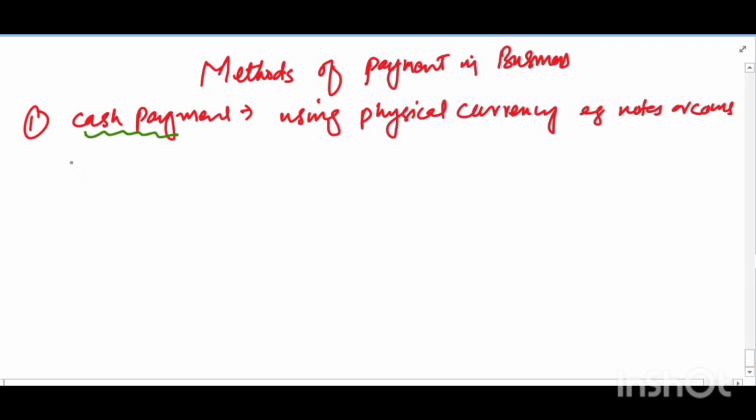Now, what are the benefits of cash payment? I will say advantages. The first one: immediate transaction completion. Once you pay, the transaction is complete. You pay for the product, and you get the product at the same time.